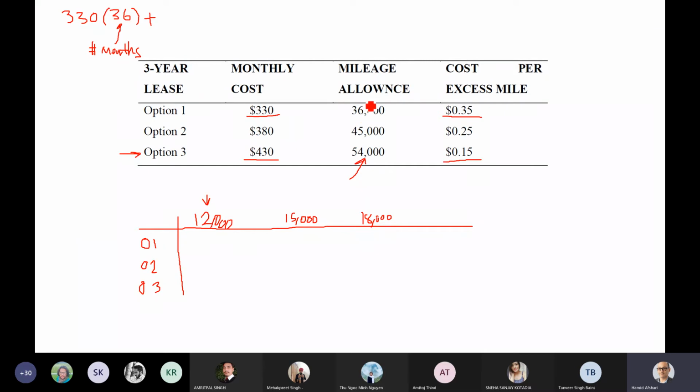If she drives 12,000 miles per year, she is under the mileage allowance, so she does not need to pay the variable cost, correct? So what should I write here? Can somebody calculate 36 multiplied by 330?